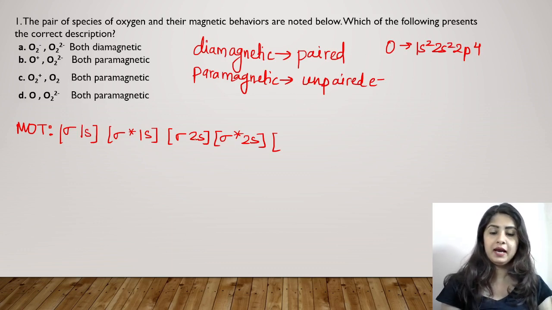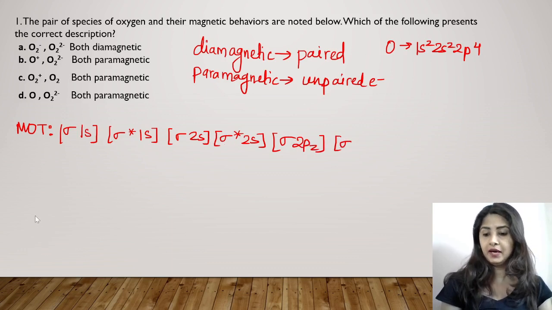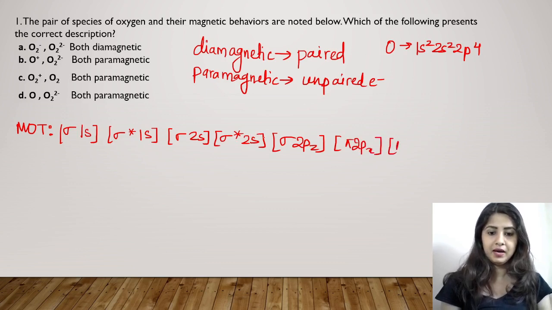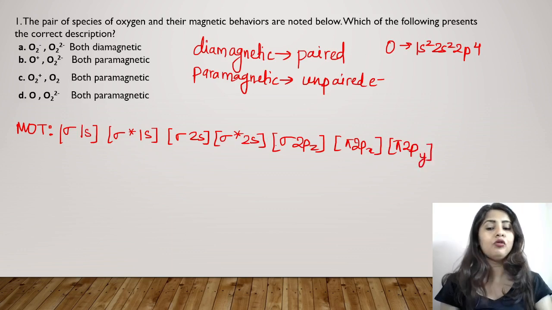So here we will be writing, first comes the sigma 2pz orbital, then comes, sorry, it's not sigma, it's pi. So I'll just write here pi 2px orbital, then comes pi 2py orbital. Now comes the pi anti-bonding orbitals, right?